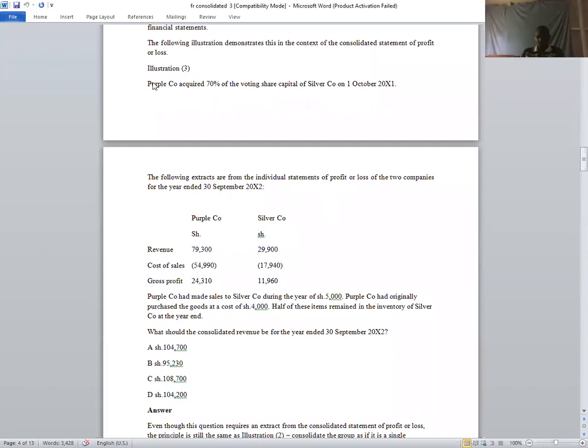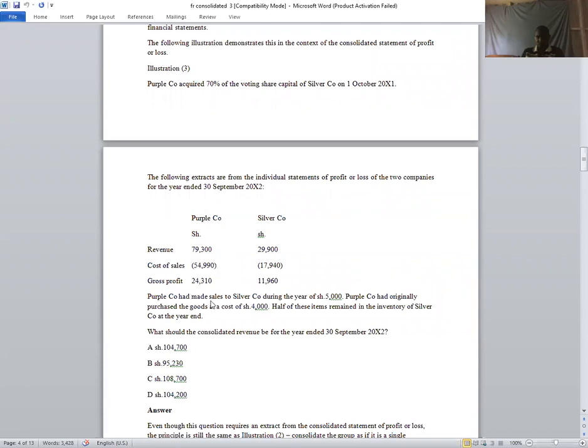And if that is the case, then we have to consolidate. So the following extracts are from the individual statements of P&L of the two companies for the year ended 30th September 2012. We have Purple Company, we have Silver, we have revenues, we have cost of sales, we have gross profit. They got gross profit by deducting, remember.